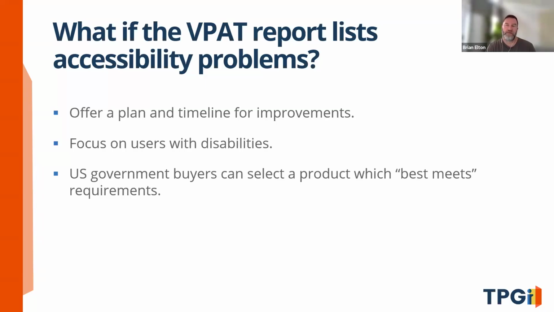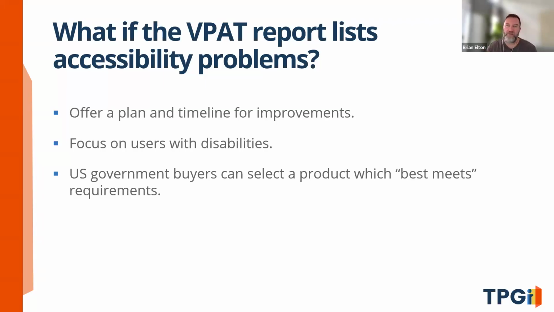And remember that a big part of having a VPAT is the transparency that comes along with it, right? So if you have a VPAT available to your users or your potential buyers, and it's showing a lot of accessibility problems, but you also offer a document that shows how you plan to fix and remediate, or the timeline that you're going to use to solve these issues, it shows people that you care and that you will work your best to make sure that your product is as accessible as possible, and that transparency will go a long way.